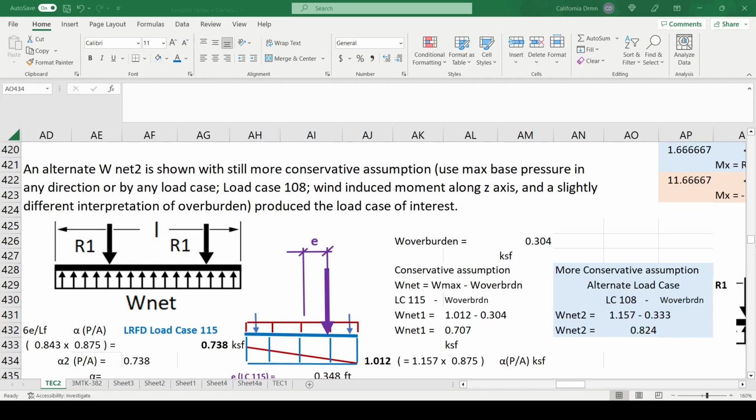An alternate W-net2 is shown with still more conservative assumption. Use max base pressure in any direction or by any load case, load case 108, wind-induced moment along Z-axis, and a slightly different interpretation of overburden, produce the load case of interest.